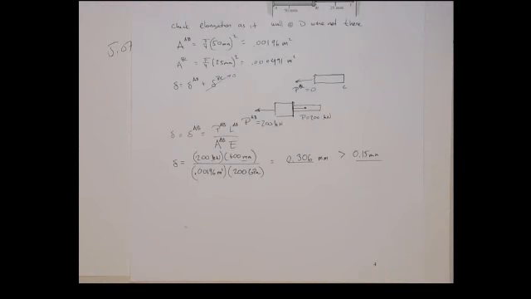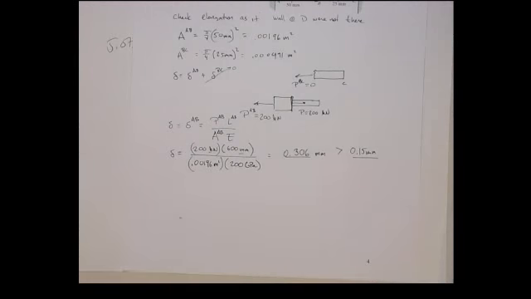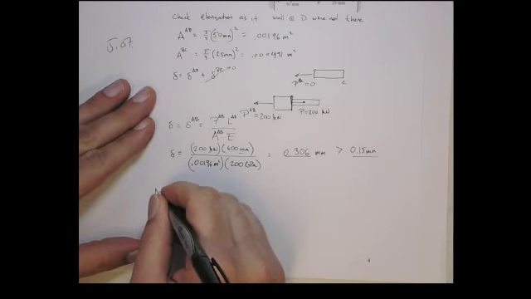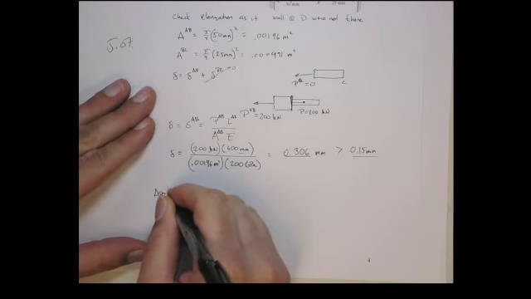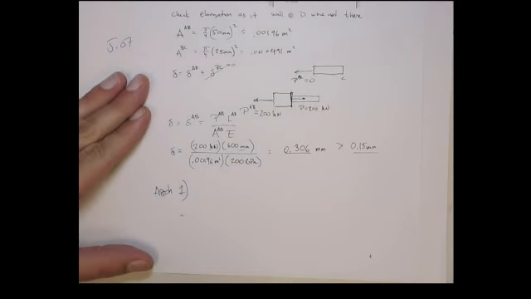Now we know we have the statically indeterminate problem, which we probably suspected earlier. There's two ways you could do this, so let's do two approaches. Here's the first approach, which is sort of the conventional way.